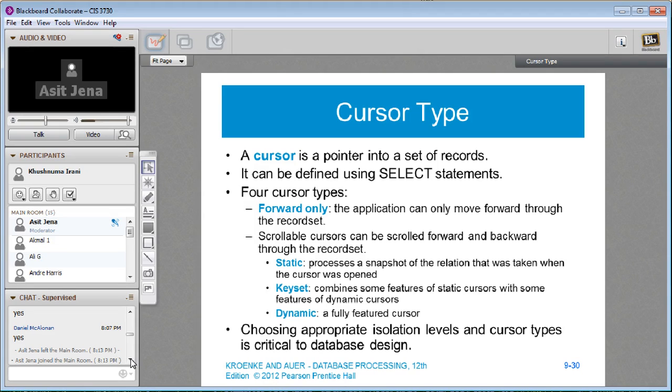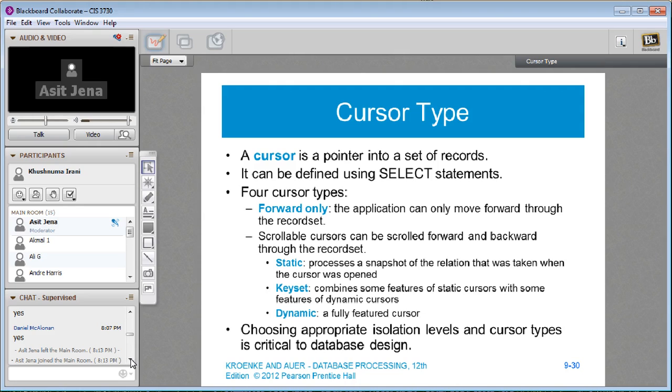What we do exactly is, in a programming language, whether it is C# or VB.NET or Java, when you do a select, a select statement usually brings in a set of records. So let's say it brings in 100 records or 10 records or 20 records.